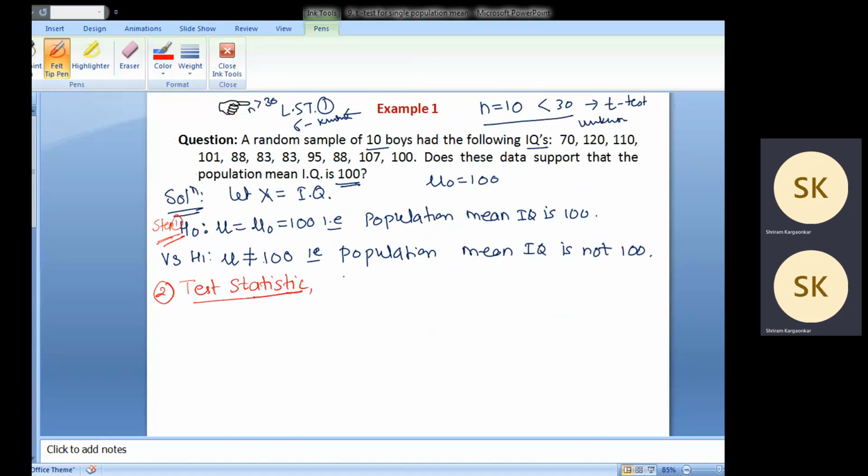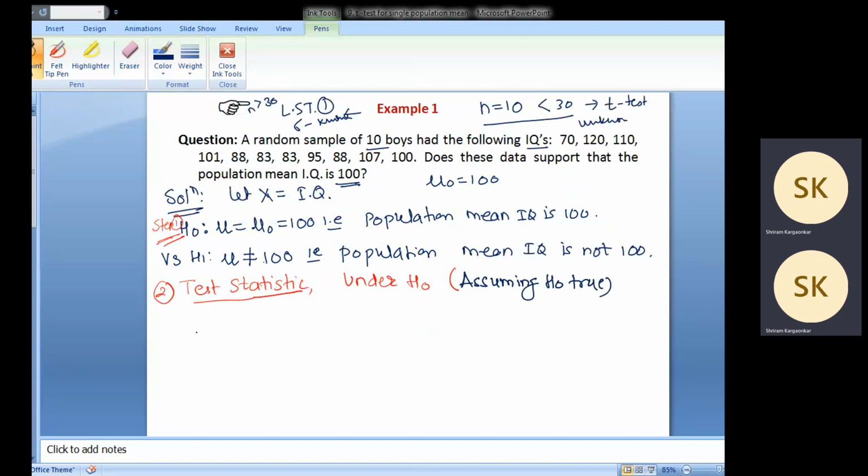Test statistic under H0, which means assuming H0 true. Always remember this. What is H0 saying? It is 100, so we are assuming that it is 100.